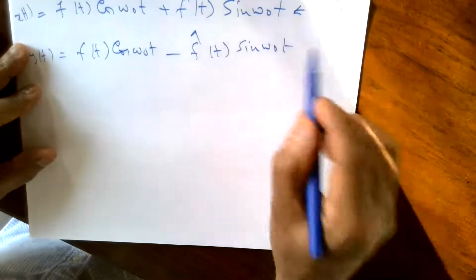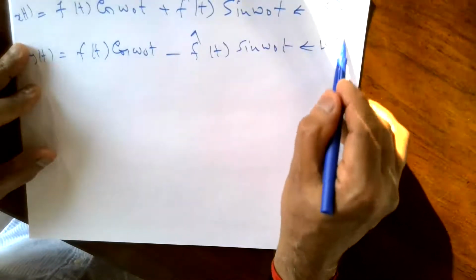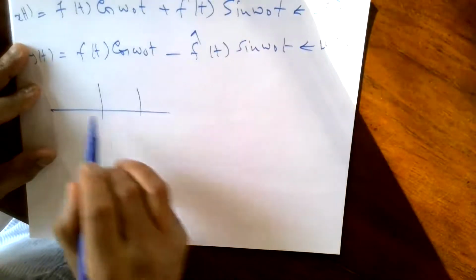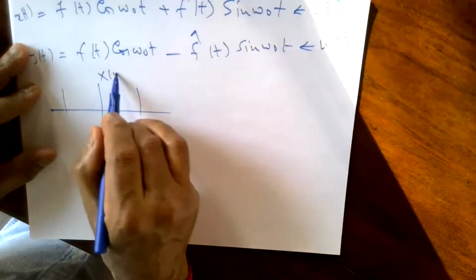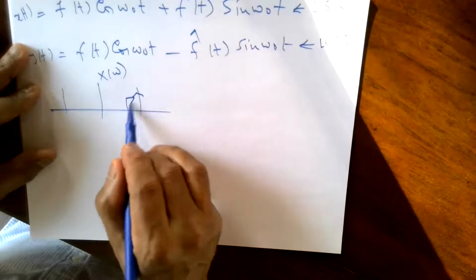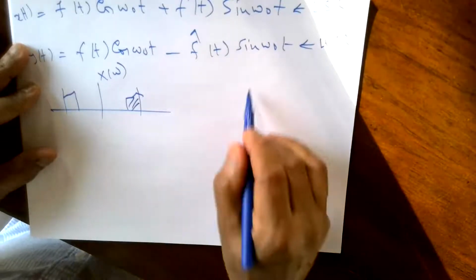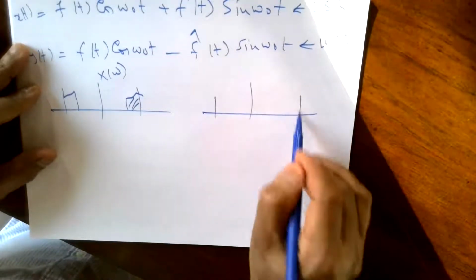This will result in the lower sideband, and this will result in the upper sideband modulation. So X of ω is like this with the lower sideband, and the other one is with the upper sideband.